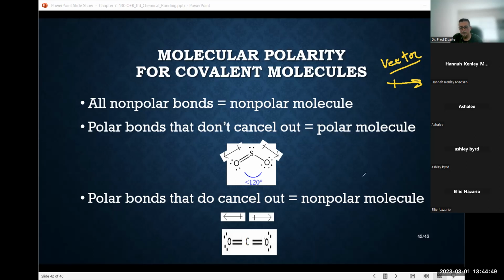So for example, if I had two arrows of the same magnitude, meaning the same length, and they're going in the same direction, we're going to arbitrarily assign them 5 units for each one. Because they're going in the same direction, their value is cumulative. So overall, I got 10 units.